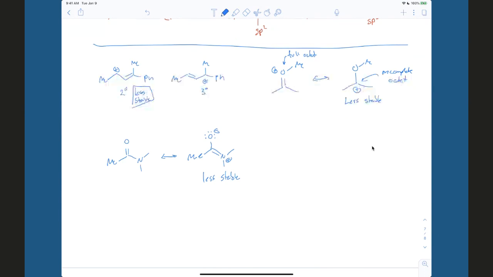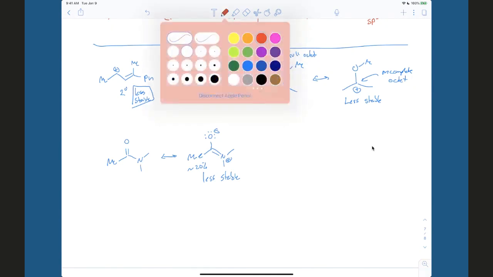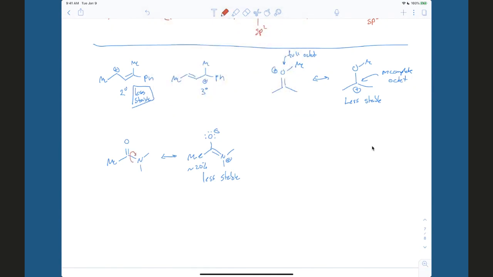Anytime you go to charged structures, they end up raising the energy, having localized charge in places. The more neutral it can be, the better. But I think this is still supposed to be somewhere around 20% of this sort of resonance character. And the rotation around the bond in an amide is really slow because of this sort of double bond character between the carbon and the nitrogen.